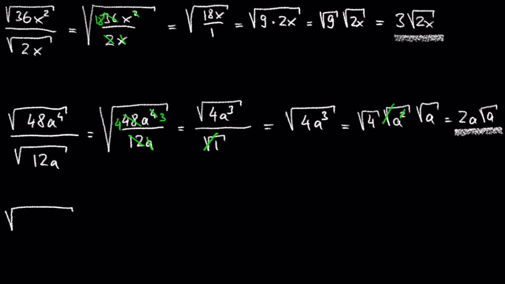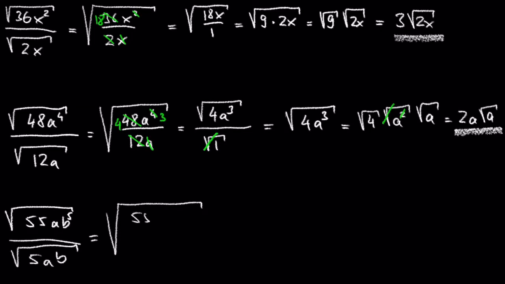The square root of 55ab to the 5 over the square root of 5ab. Again, after applying the division law for roots, we get the square root of 55ab to the 5 over 5ab.